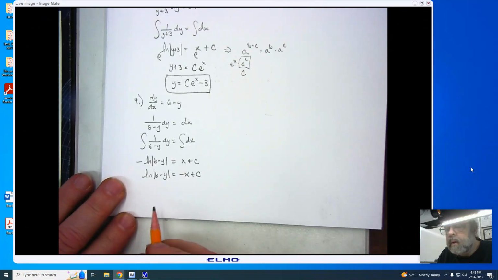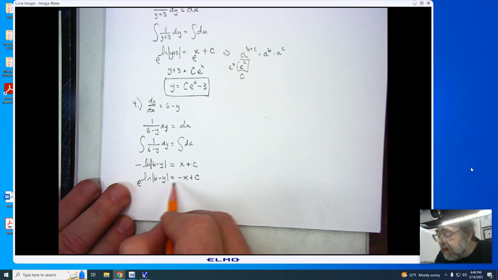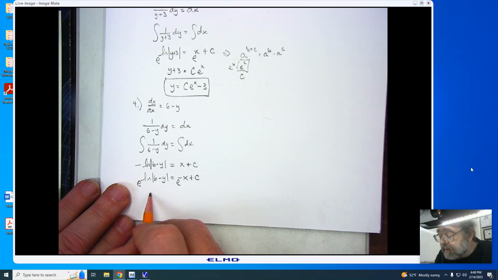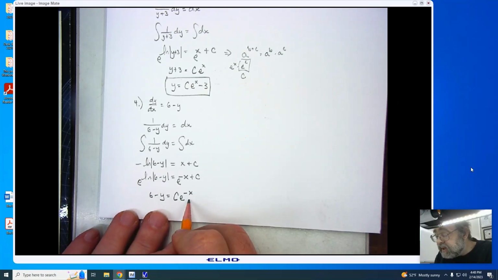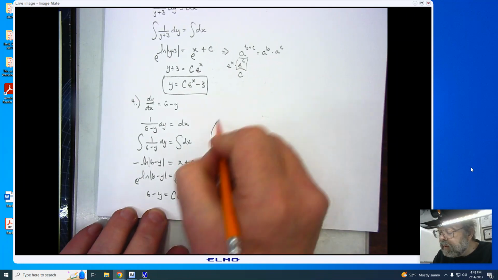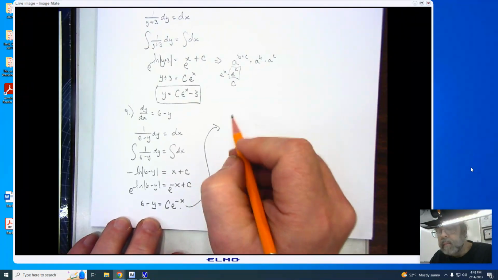And now I can exponentiate. I get 6 minus y equals ce to the negative x. I'm going to subtract 6 from both sides and then distribute the negative. We continue up here.